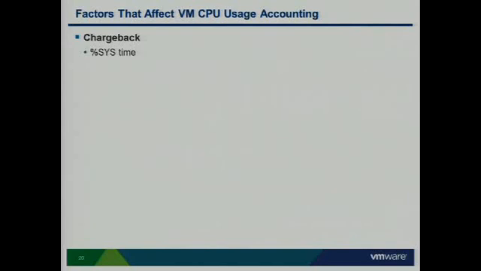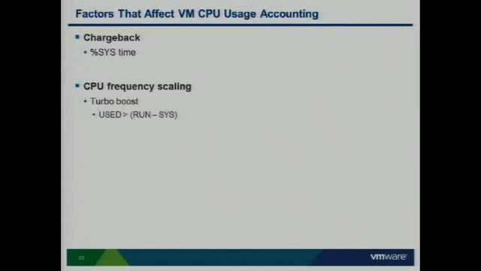All right, so to summarize, the factors that affect VM CPU usage accounting are the following. You have a chargeback, which is system time, which I stated. You can also have usage vary because of CPU frequency scaling. There's one thing I didn't mention, which is called turbo boost.